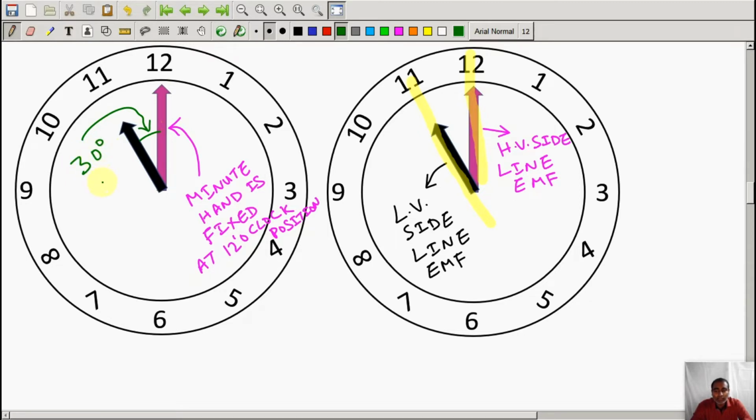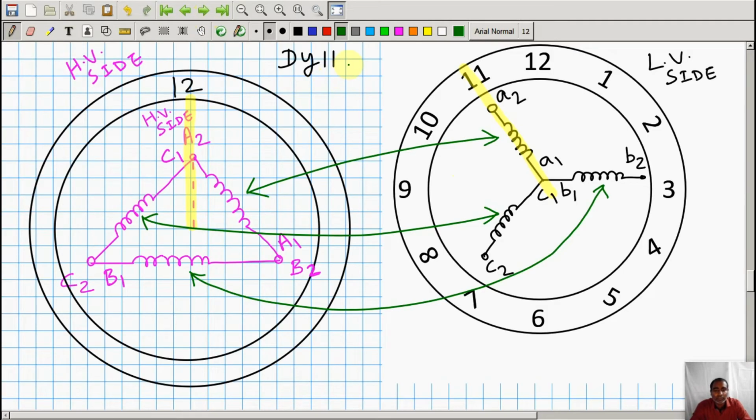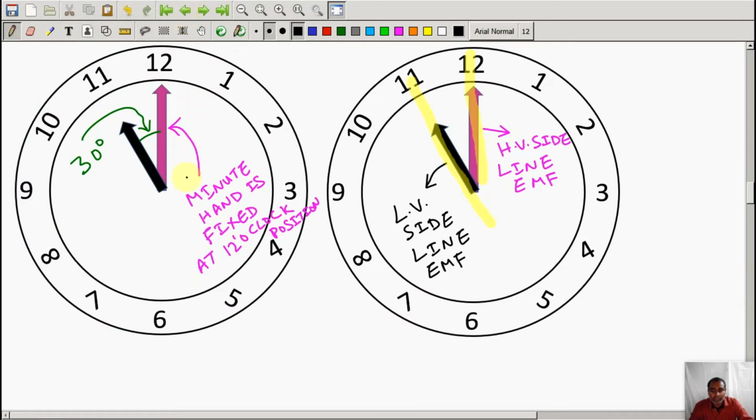This Dy11 connection which we are drawing belongs to phasor group 4, where we have a 30 degree lead. Now how do we figure out the meaning of 30 degree lead? Recall that in the beginning it was said that the minute hand is fixed at the 12 o'clock position.